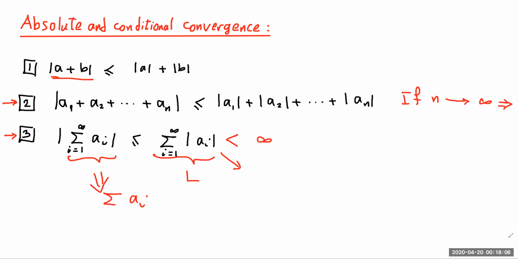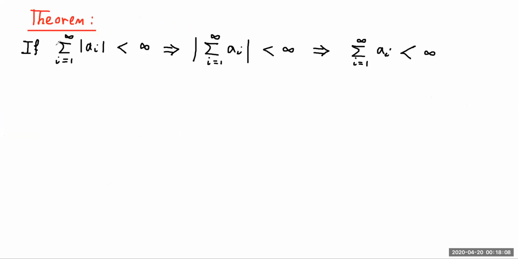So we have this theorem. This is the result from the last rule: if sigma absolute value of AI is a number, or converges, then the absolute value of sigma AI will also be a number, or converges, and then sigma of AI converges.